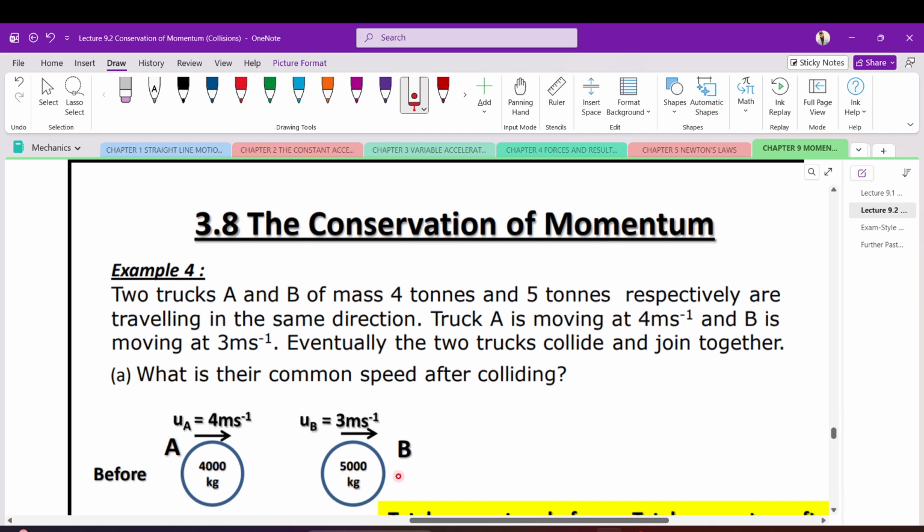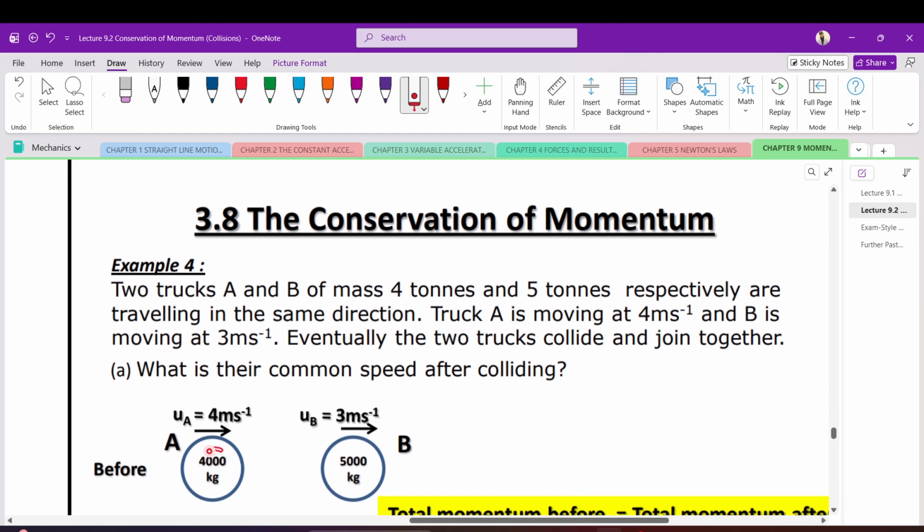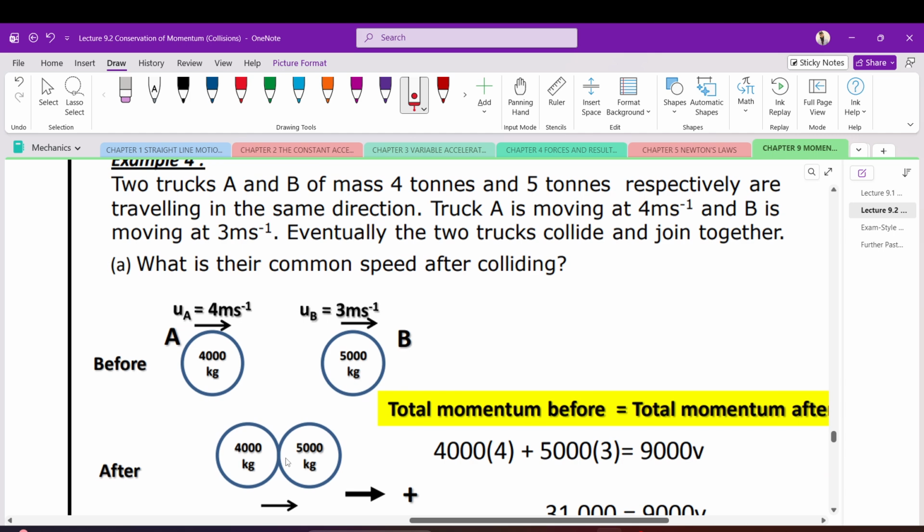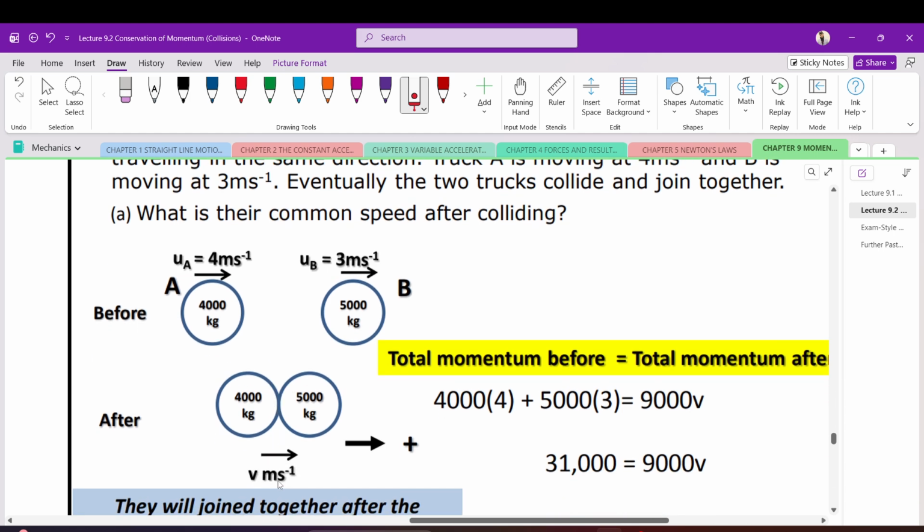So A and B are moving in the same direction. A has a mass of 4 tons, which is 4,000 kg. B has a mass of 5 tons, which is 5,000 kg. A is moving to the right at the speed 4 meters per second, and B is moving to the right at 3 meters per second. After collision, they combine, so that becomes 9,000 kg, and then now they have a common velocity, which is v.